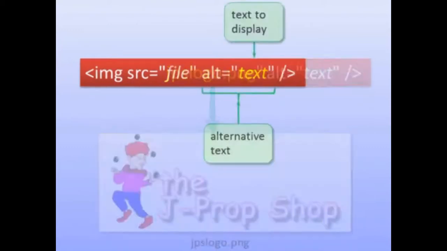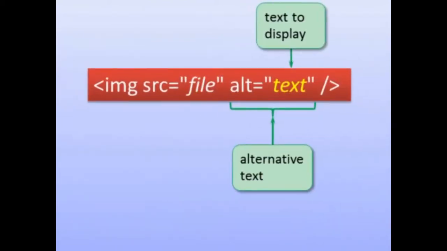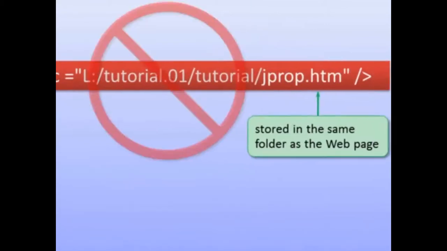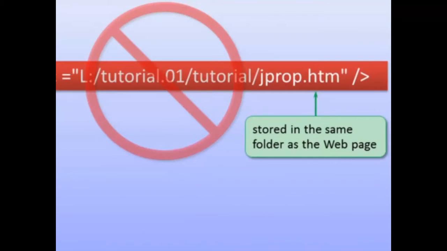The second attribute specifies the alternative text the browser should display if it cannot display the image file, such as the JProp shop. If the image file is stored in the same folder as the web page, you don't need to specify the drive and folders containing the file.